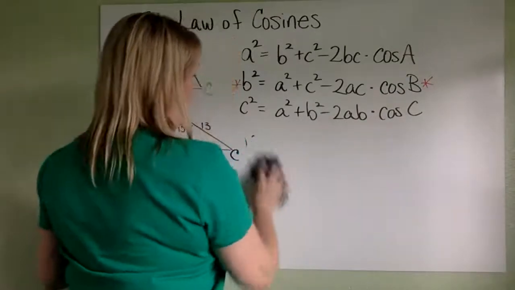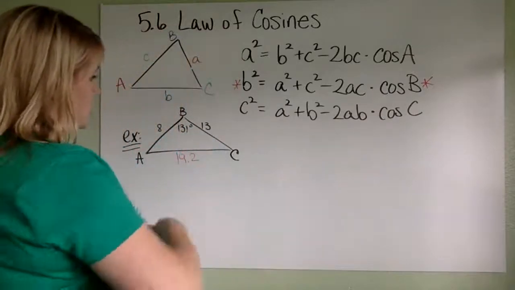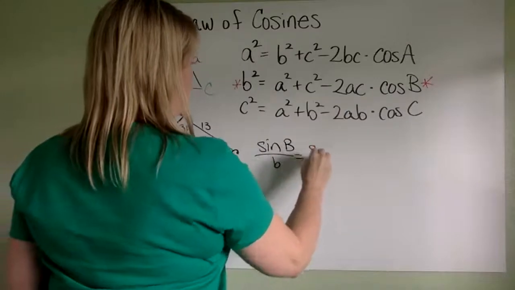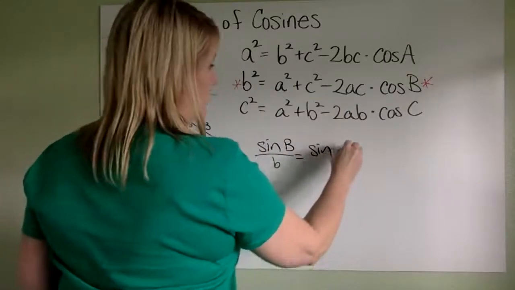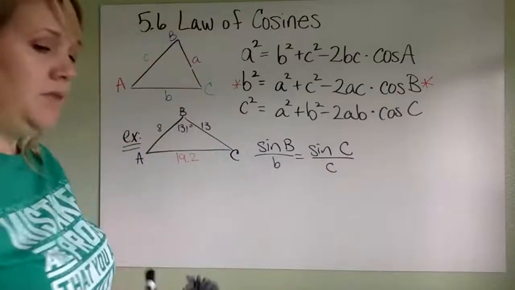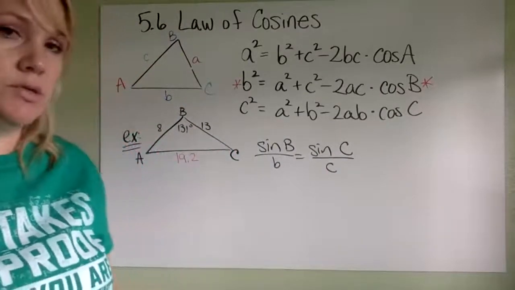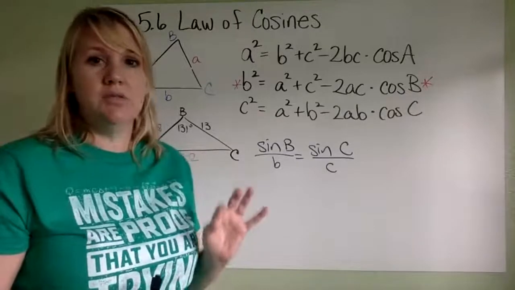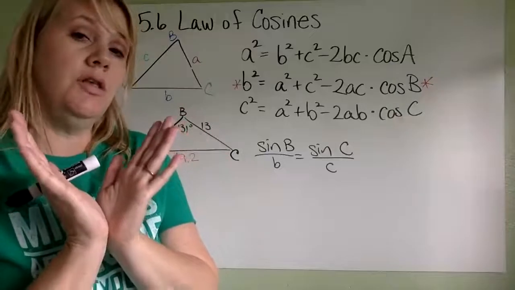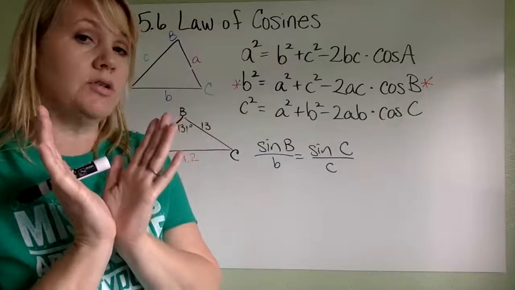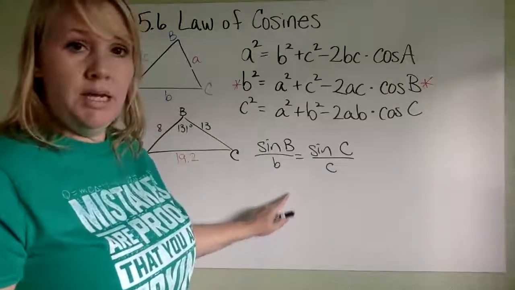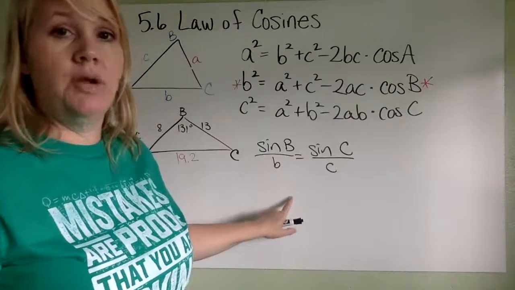And then we'll use the sine of angle B over side B equals the sine, and I'm going to solve for angle C first. And I'll explain right now why. In this case, it really doesn't matter which angle you solve for next. But the law of sines will never give you an obtuse, larger than 90-degree angle when you're solving for an angle. Because at a point in here, I'm going to show you the work in a second, you're going to have to use the inverse sine.